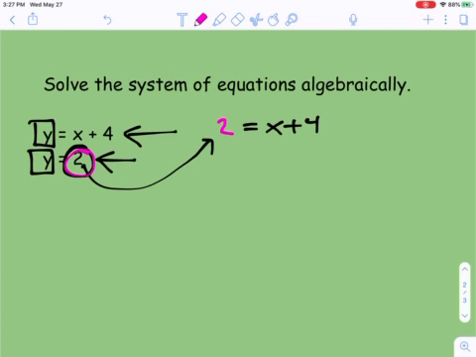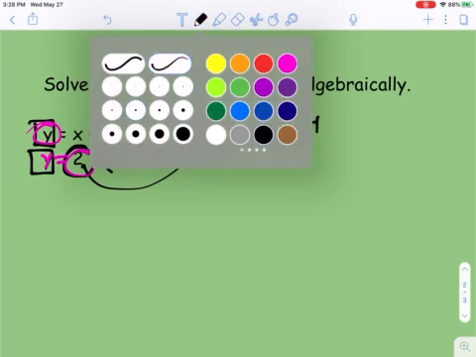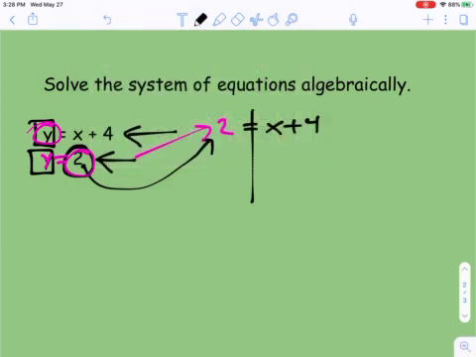And that is the substitution that I've done. I decided to take y equals 2, and I'm substituting it right here for that y. And then you write down the rest of the equation, and at this point it's just solving a multi-step equation. In this case it's a one-step equation.